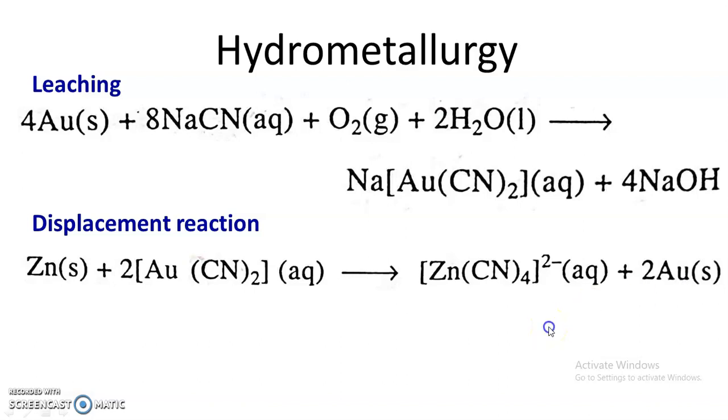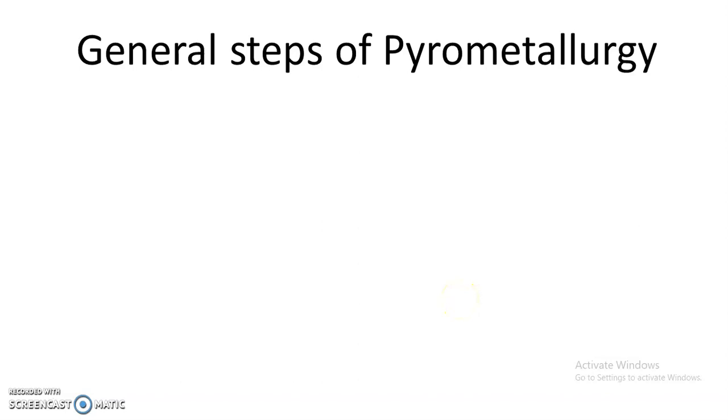This is hydrometallurgy. Now what are the steps involved in pyrometallurgy? Now we are first of all focusing on pyrometallurgy. In pyrometallurgy there are 5 steps, and some of the steps are common to other metallurgies also.